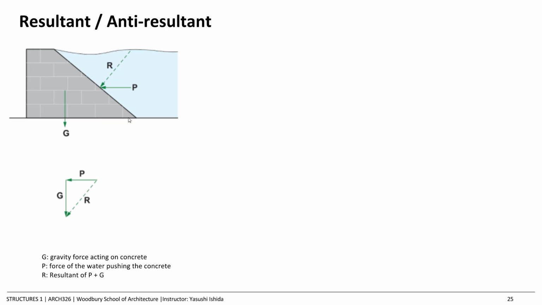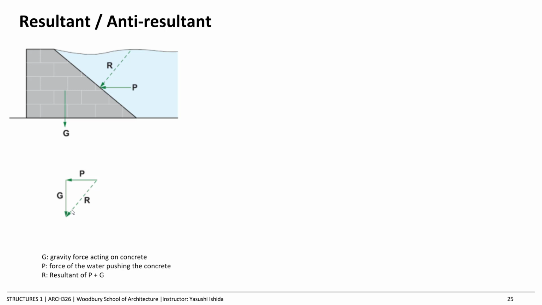This massive concrete thing has to have its weight, so there's a gravity force working on this concrete from the center of gravity, which is G. And P will be the force from the water that's pressing against this concrete, right? Those are the known forces so far. If you add P and G, you end up with this resultant force R.